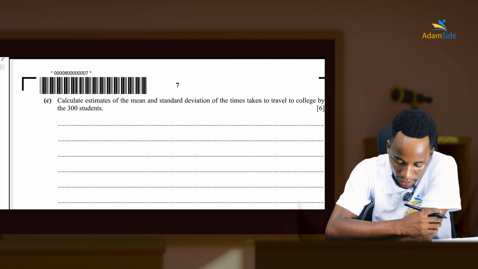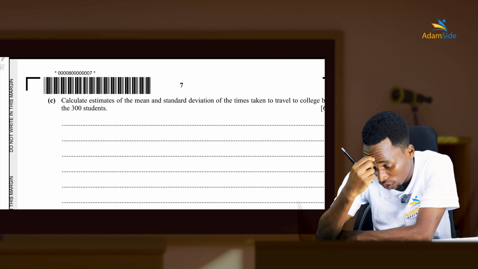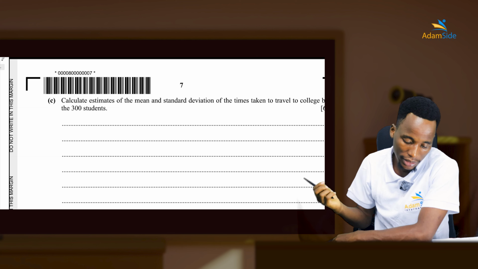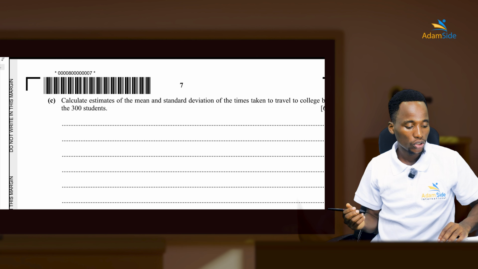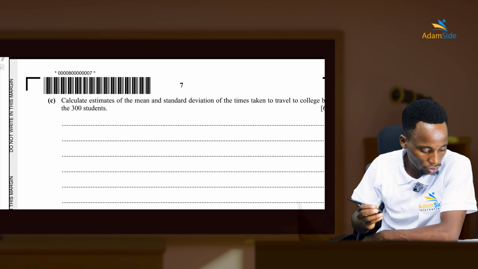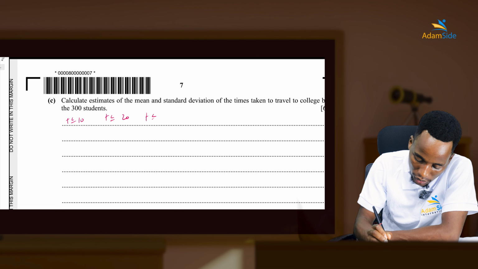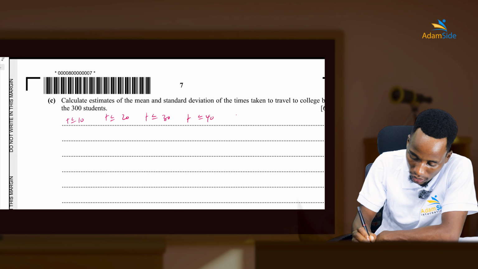Part C says calculate the estimate of the mean and the standard deviation of the time taken to travel to college by the 300 students. So we know those are what we are given; there is the upper bound. For the first class it was t less than or equal to 10, t less than or equal to 20, t less than or equal to 30, t less than or equal to 40, t less than or equal to 60, t less than or equal to 90.